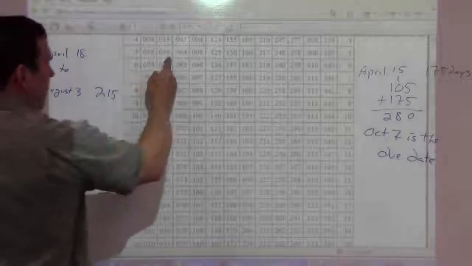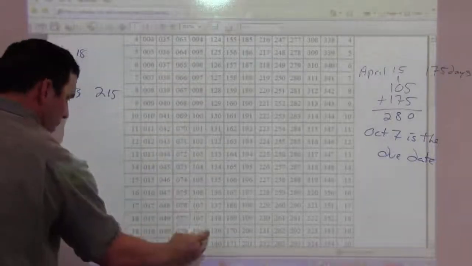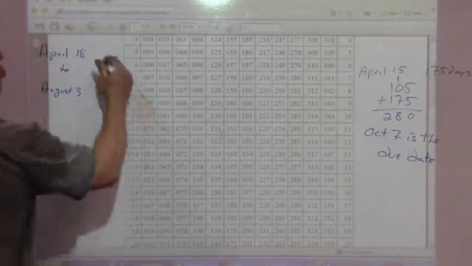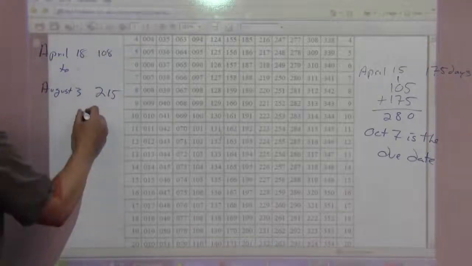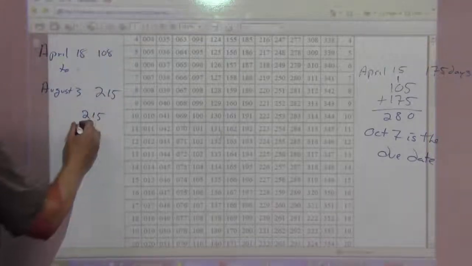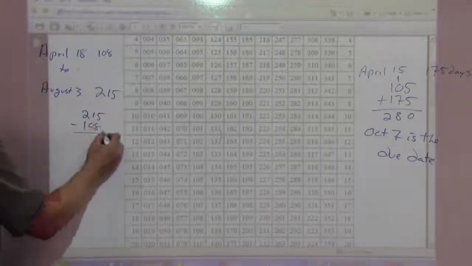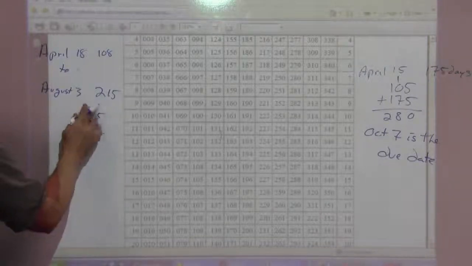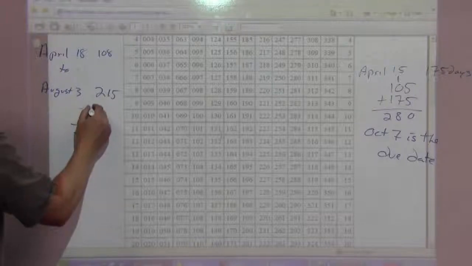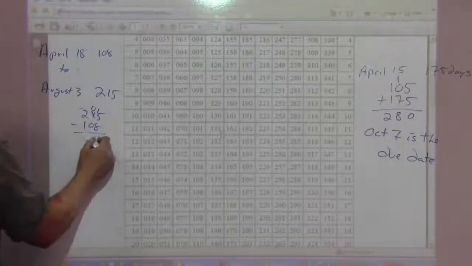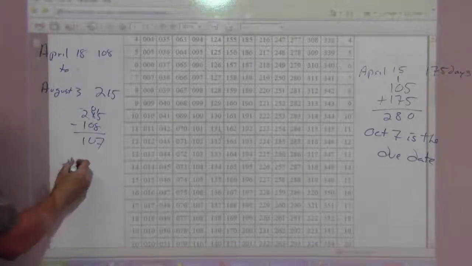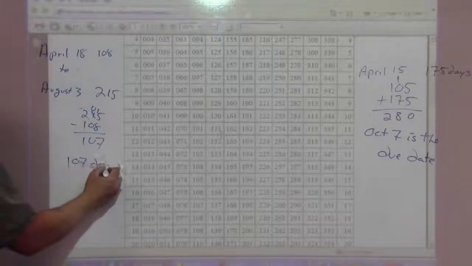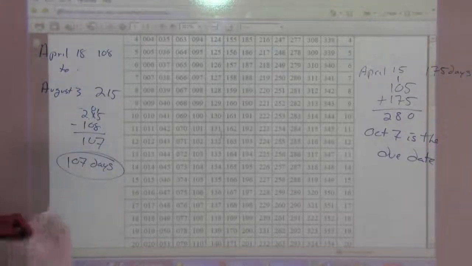So this was January, February, March, April. 18th is day 108. So day 215 in the year minus day 108 is 107 days. So that's the answer to part B.